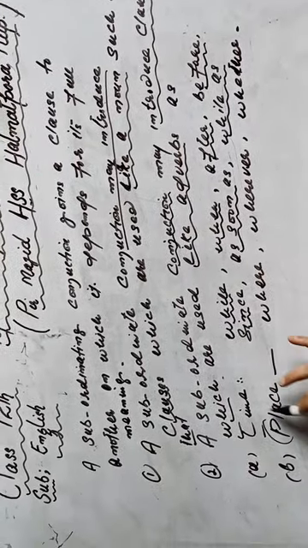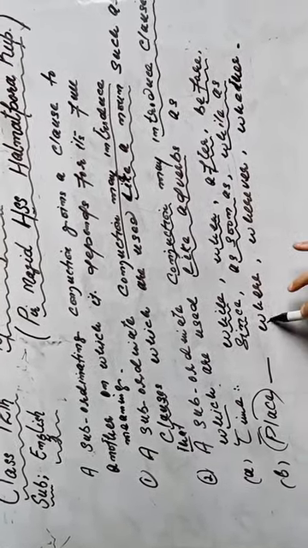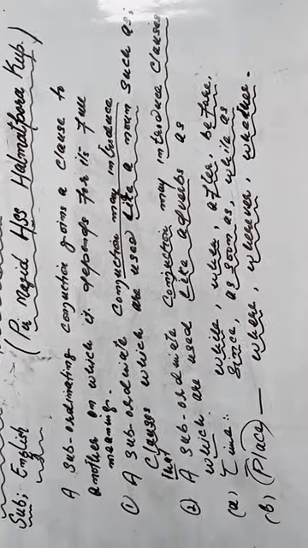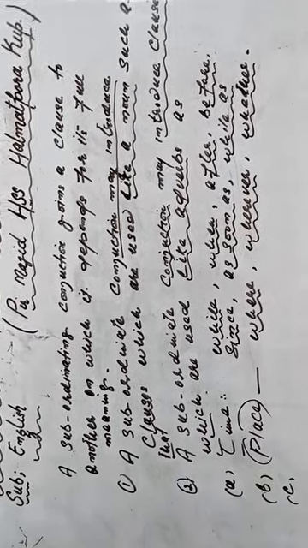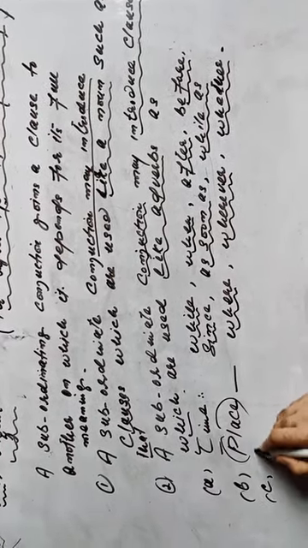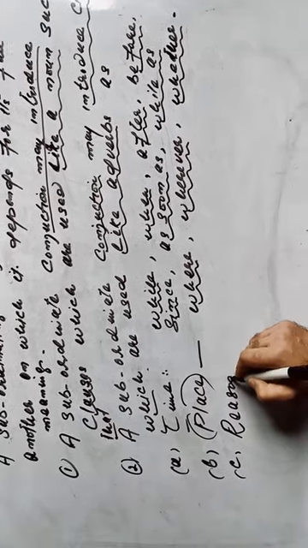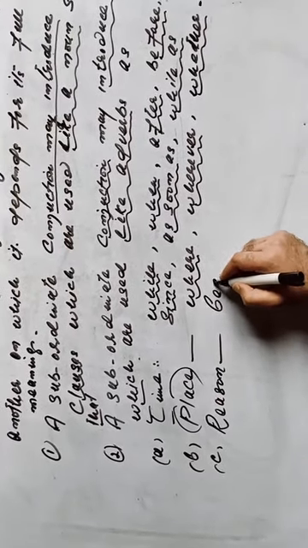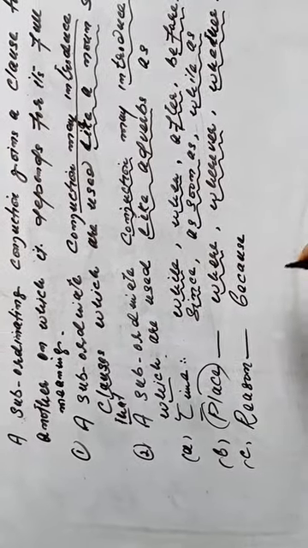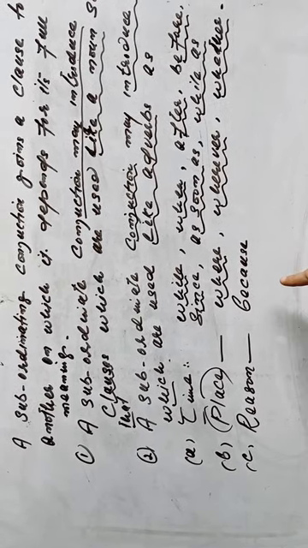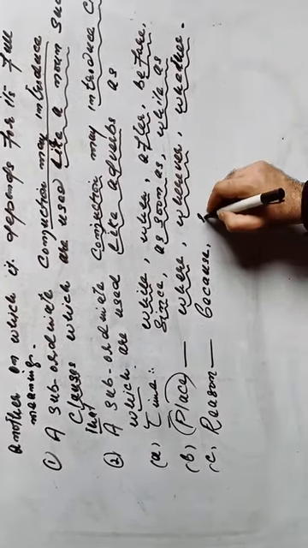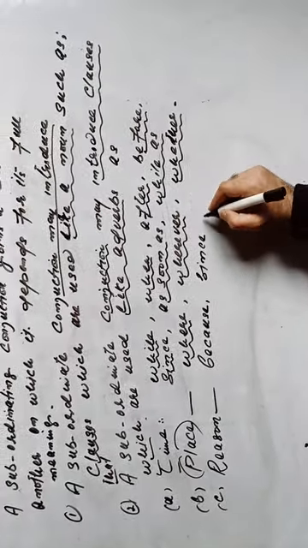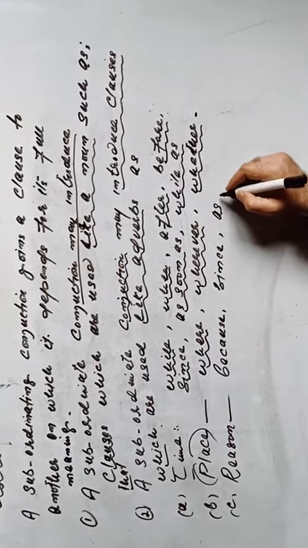Now its place, you better use where, wherever, whether. Now in the third one, C, we are having reason. And for the same, I will use because as a subordinating conjunction. I can use since, I can use as, I can use that.